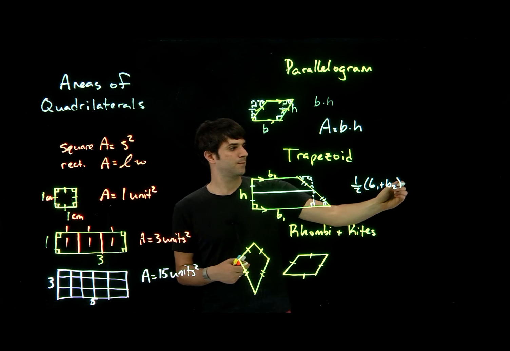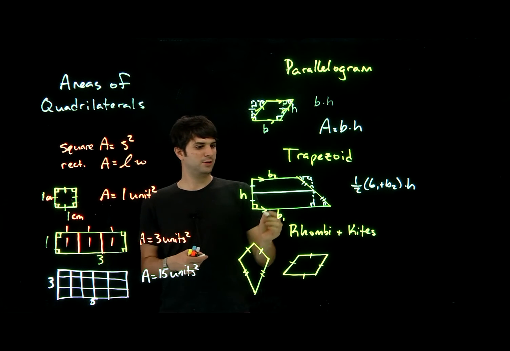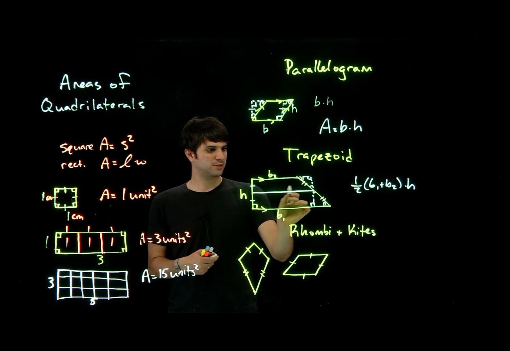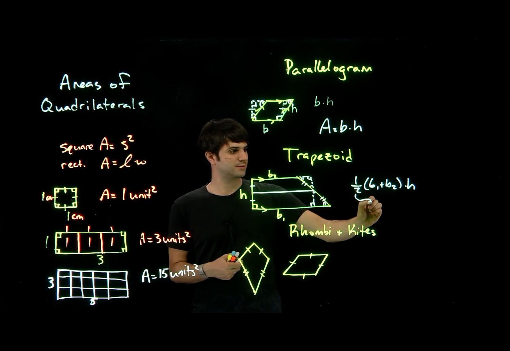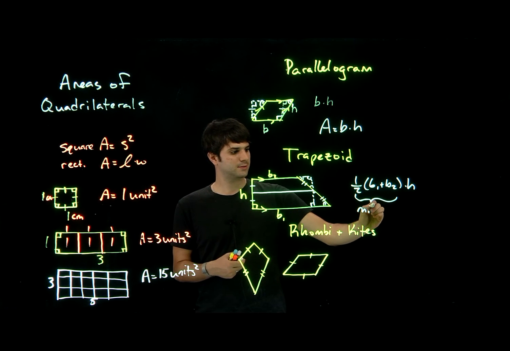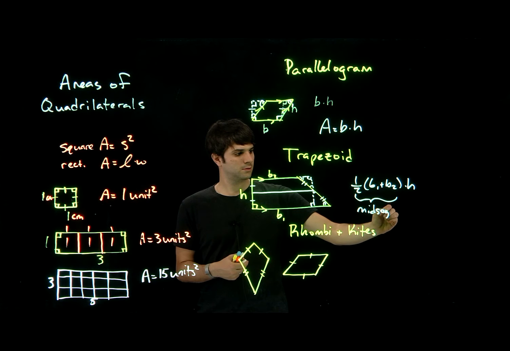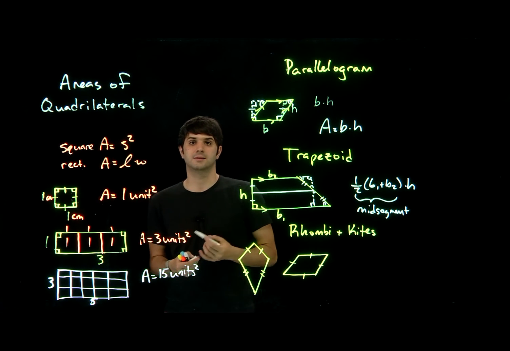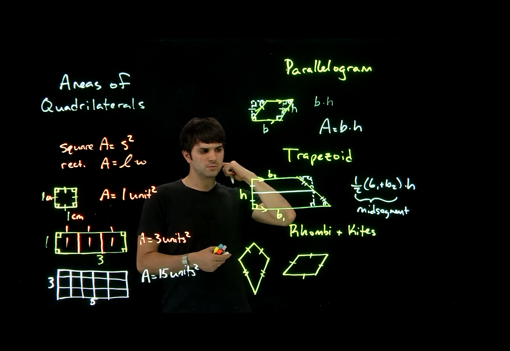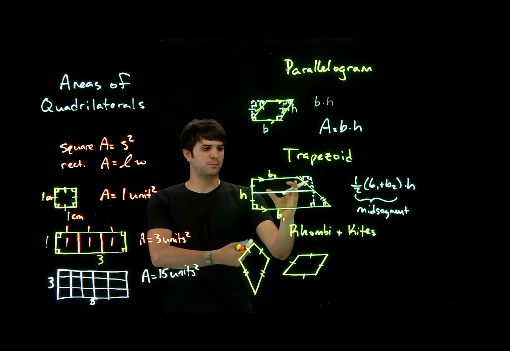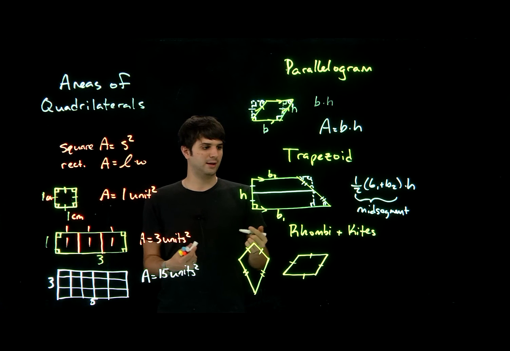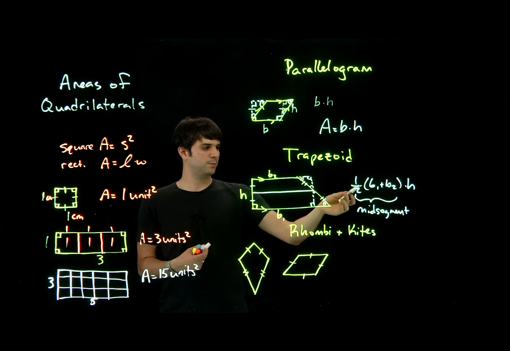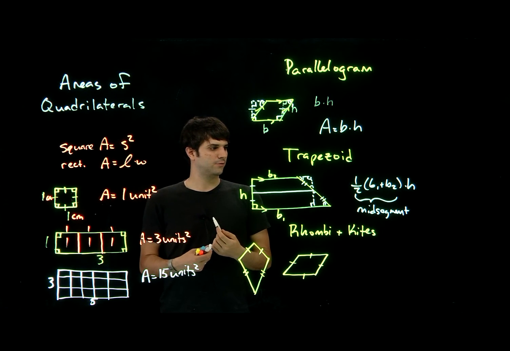So in fact, this line is 1/2 (B1 plus B2), so let me write this down, this is the mid-segment, and this is obviously the height, okay? And so we have that picture there. I think this is probably easiest for you to visualize, but yeah, this would be the formula.